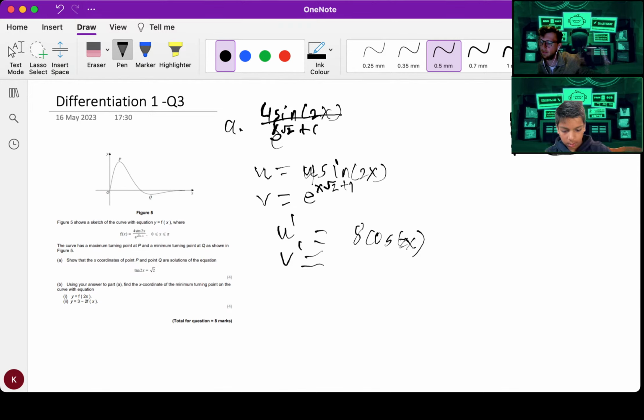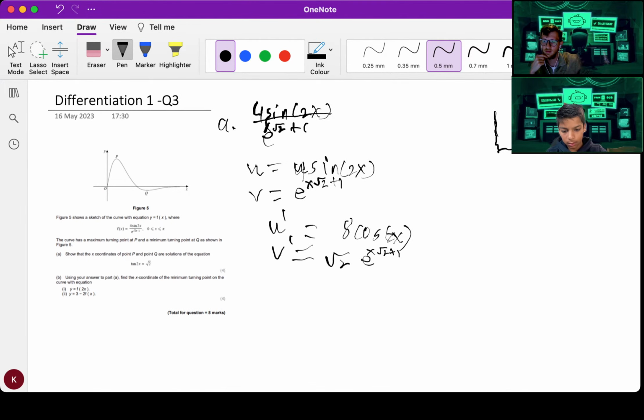That's root 2 times e to the power of x root 2 plus 1. It's as easy as that. Blah differentiates to root 2, and then e to the blah just differentiates to e to the blah.